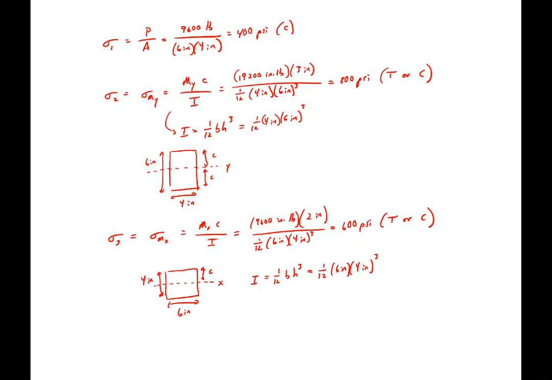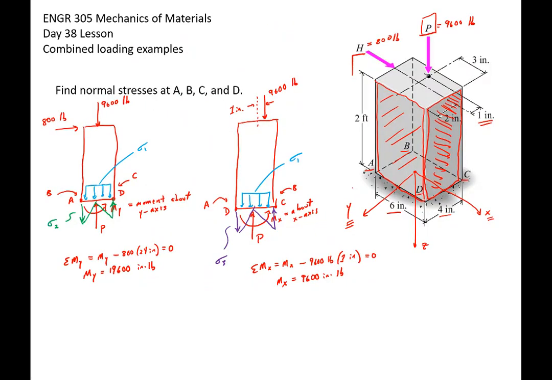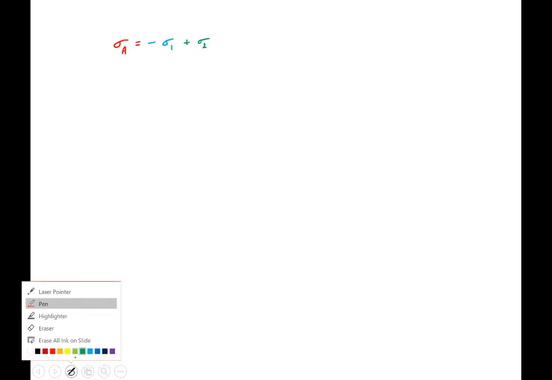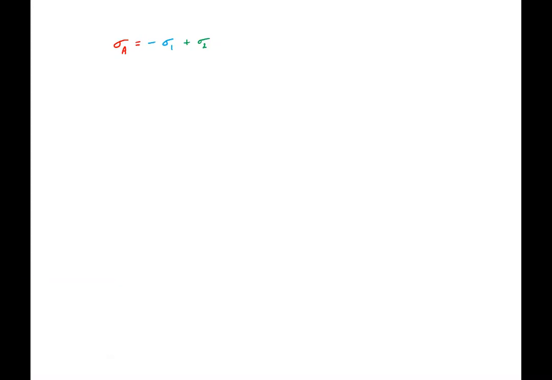I'll make that green. So plus sigma 2. Now let's review again what sigma 3 had. Because it's on this side of the member, sigma 3 is also tensile for point A, so that's also going to be plus. So purple plus sigma 3.